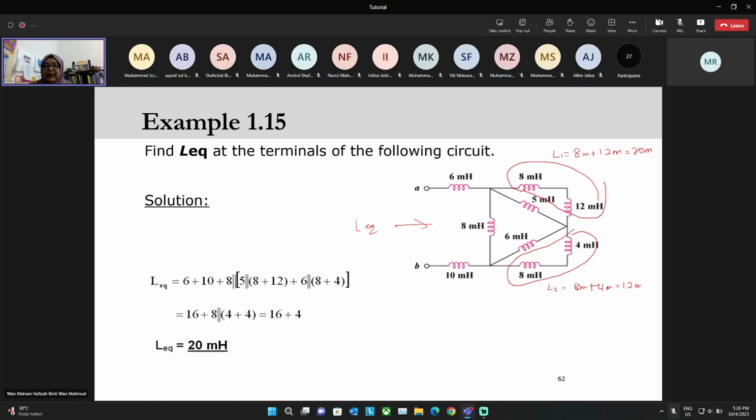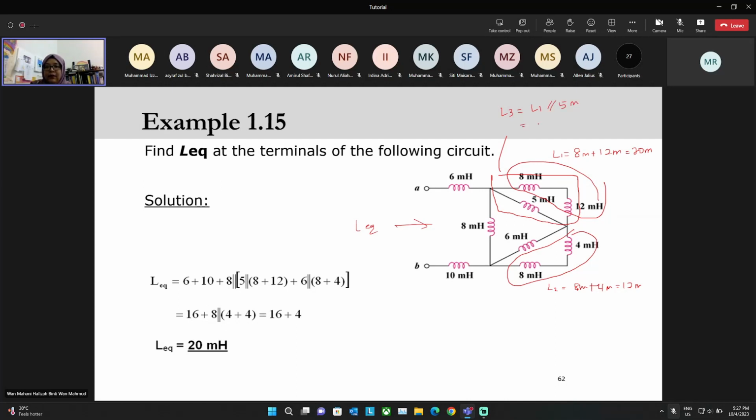So kat sini, yang L1 ni, bila you dah sambungkan dia, this L1 is in series ke parallel dengan 5 ni? L1 dengan 5. Parallel kan? Okay, katakan you label L3 sama dengan L1 parallel dengan 5 mili.